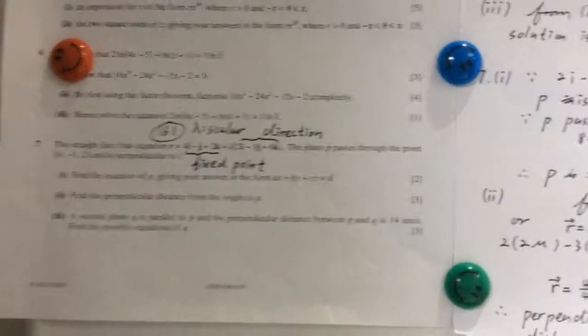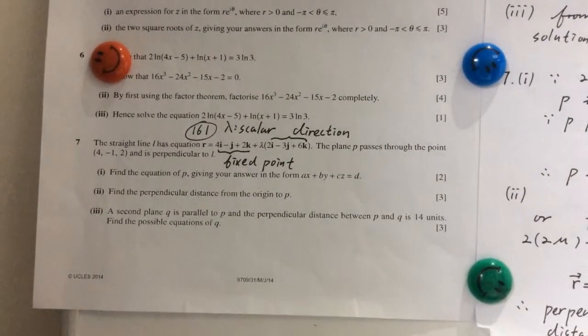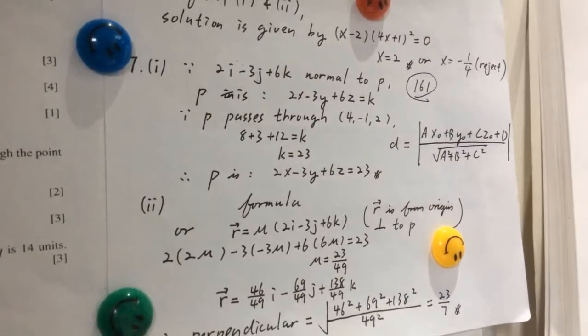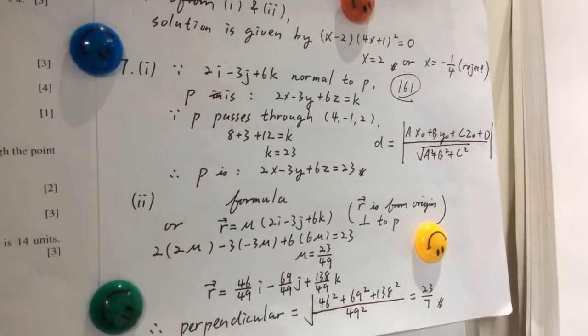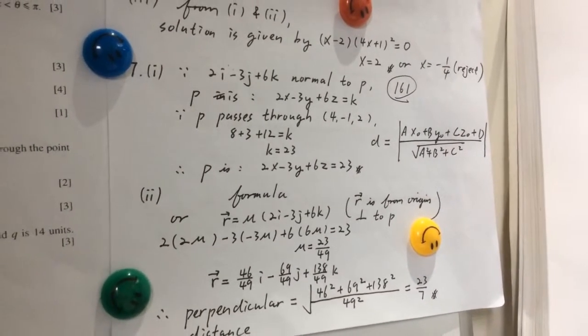So part 2. Find the perpendicular distance from the origin to the plane P. There are several methods to solve this problem.